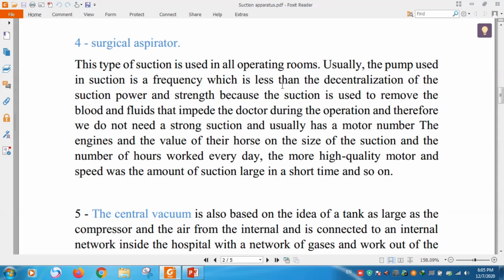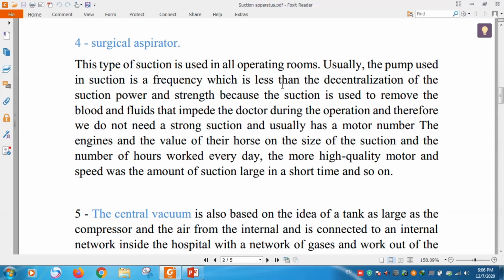Number four, surgical aspirator. This type of suction is used in all operating rooms. Usually the pump used has a lower suction power than the decentralized one, because the suction is used to remove the blood and fluids that impede the doctor during the operation, and therefore we don't need a strong suction.